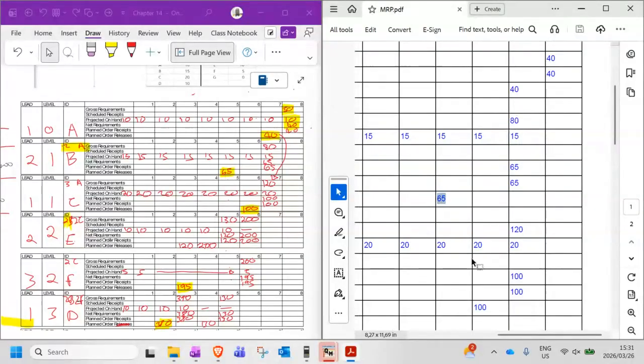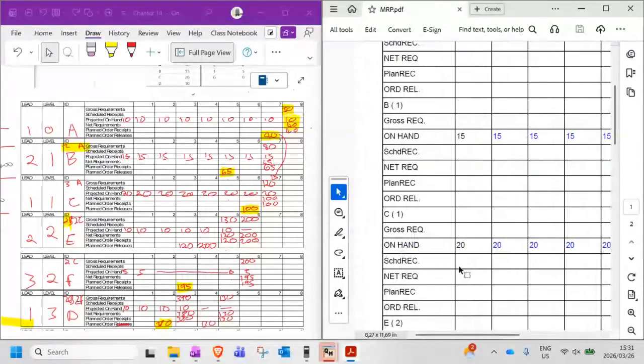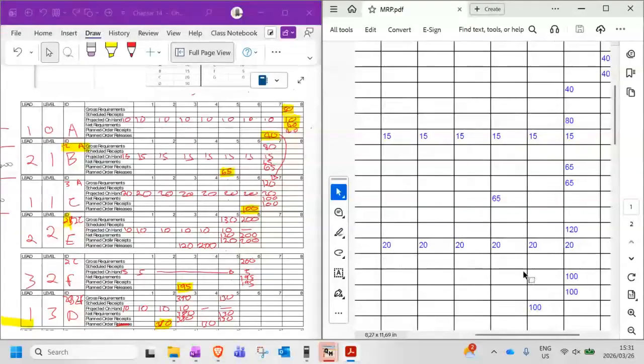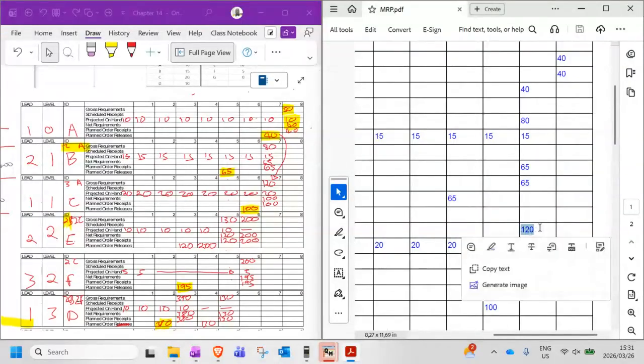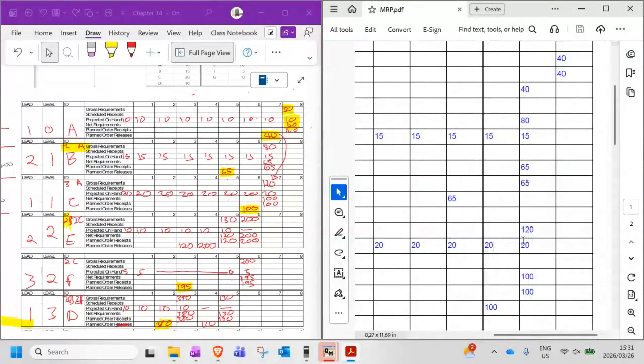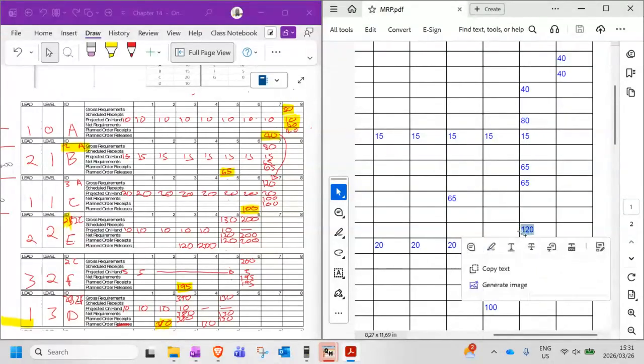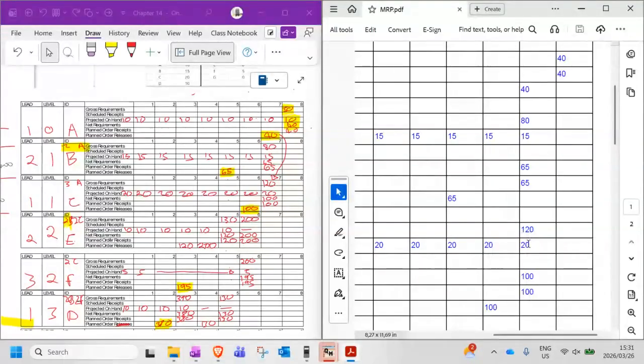Then we have another product which is C. Where's your C? That's your C. It multiplies the 40 by 3, and that's your 120 there. Then on your 120, we have your 20 that is coming in. 120 minus that becomes 100.